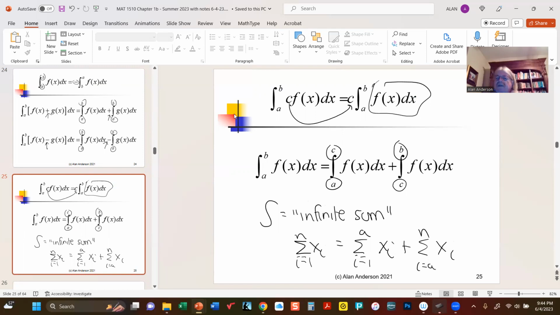Now, here's something else. Remember before we saw that with a sum, we can break it up into two individual pieces. Well, the same thing is going to hold here.